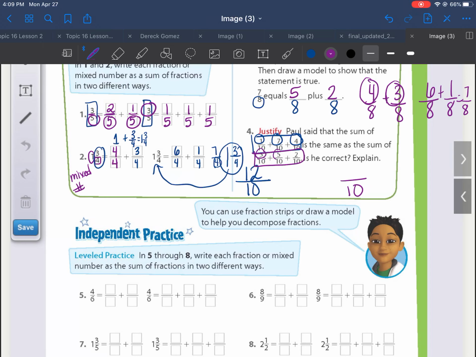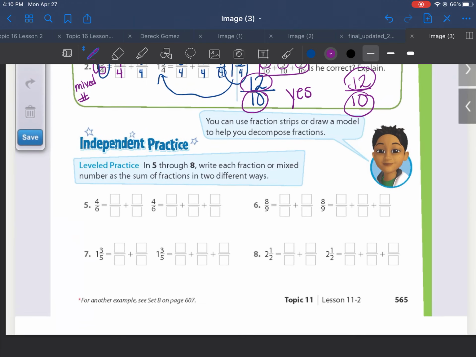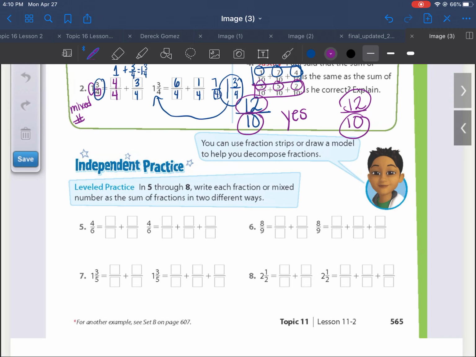Now we're going to add the other set of fractions. The denominator will stay the same. 5 plus 5 is 10, plus 2 is 12. So do they have the same sum? Yes, they do. The sums are the same. So the answer is yes, he is correct.